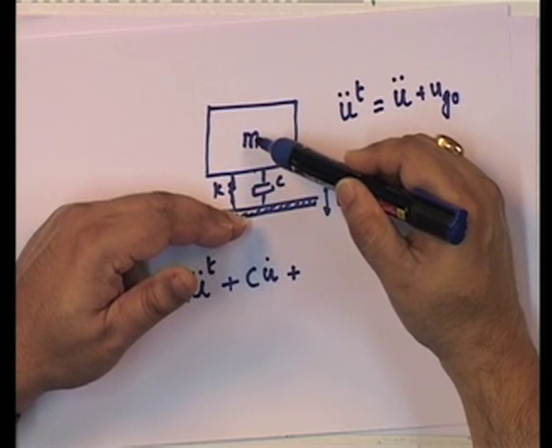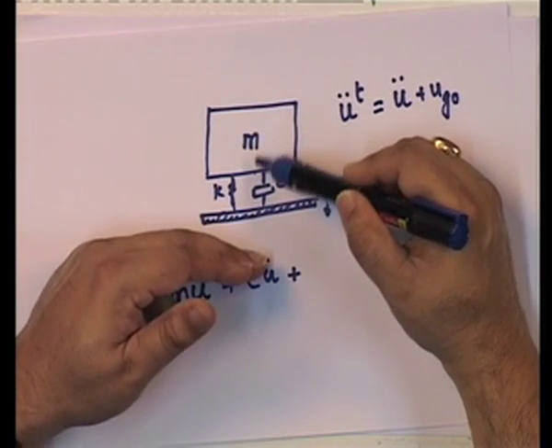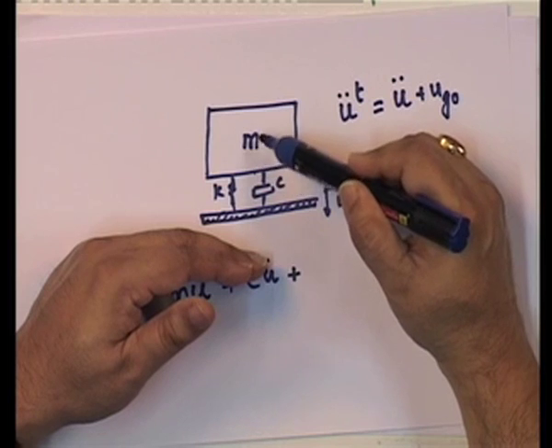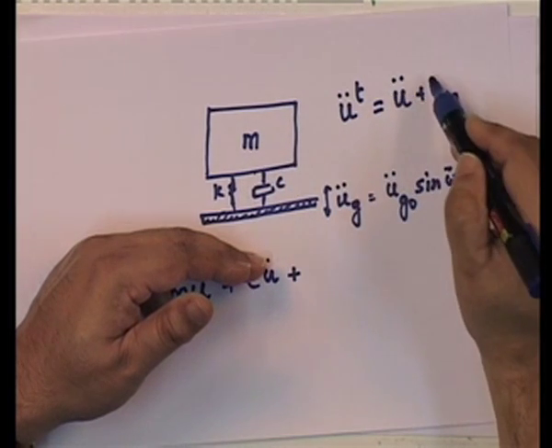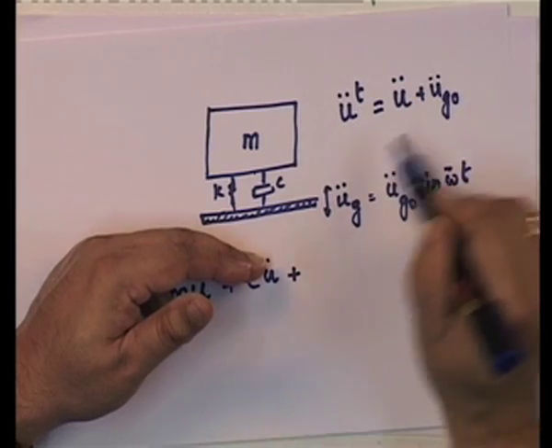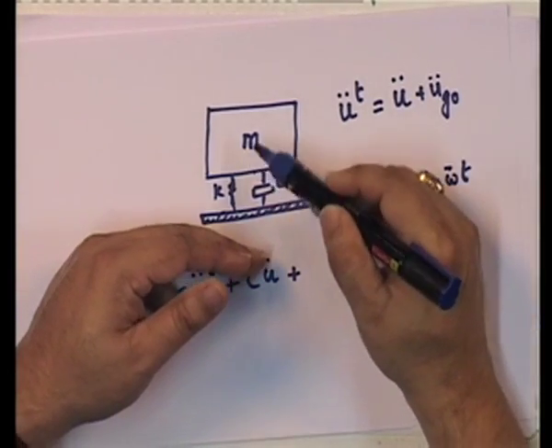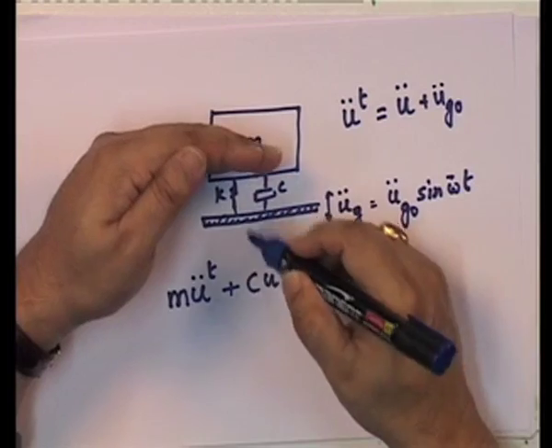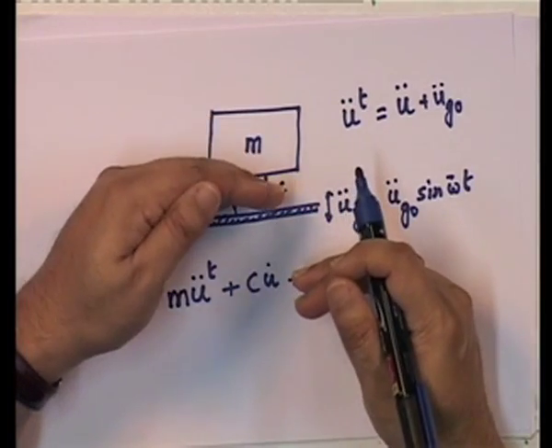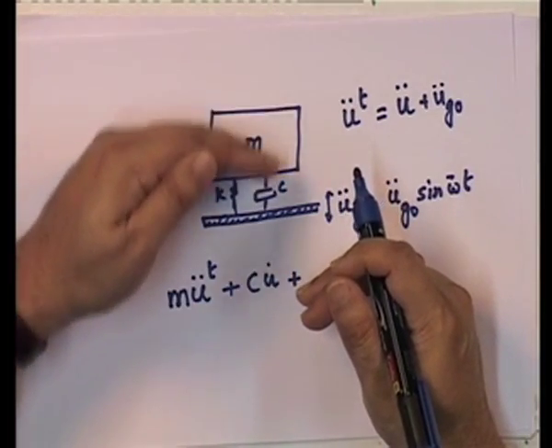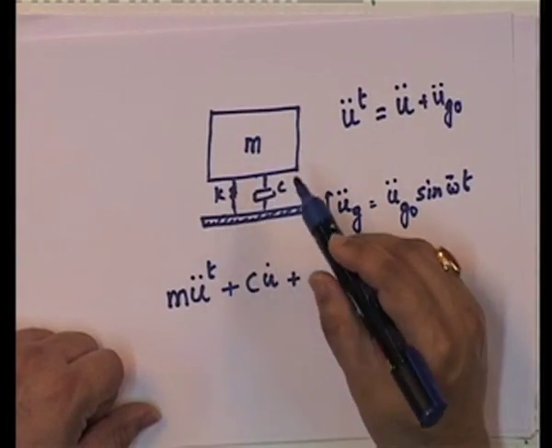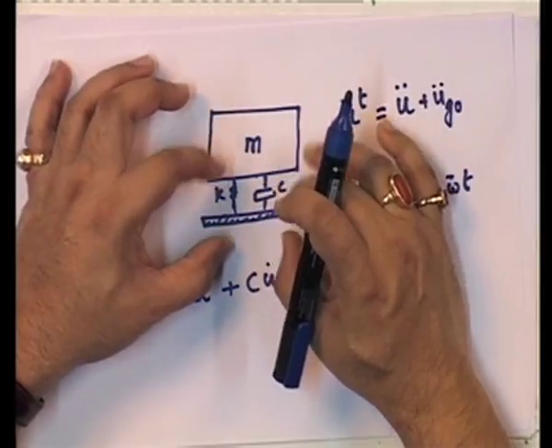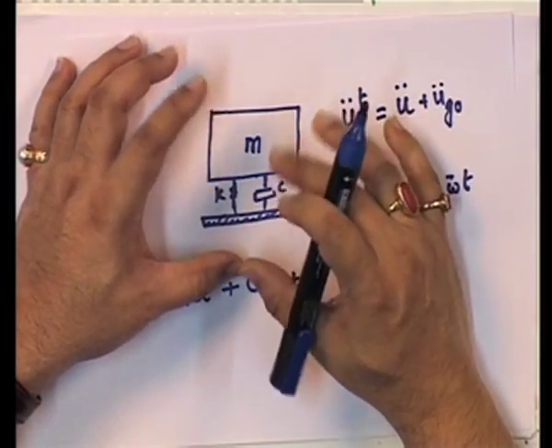But since the base is moving also, the mass is being subjected to not only its relative acceleration, it is also being subjected to the acceleration of the base. So, the mass does not know that the base is shifting, the mass only sees itself moving. What happens to the spring and the dashpot is that they only see the relative movement.